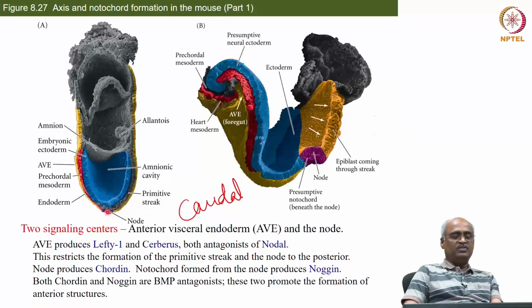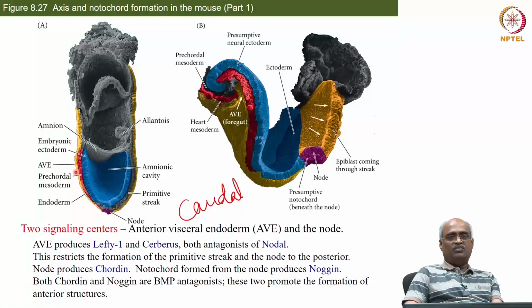And the node itself is derived from the mesodermal layer, and the cells coming from that are these precaudal mesoderm in this area here. Okay, so this is coming from the notochord, and this node, the notochord, produces noggin, and this chordin and noggin are key along with this AVE for the head structures to form.